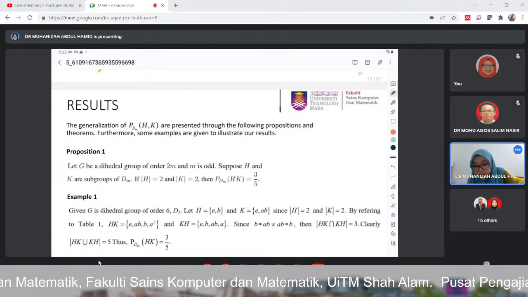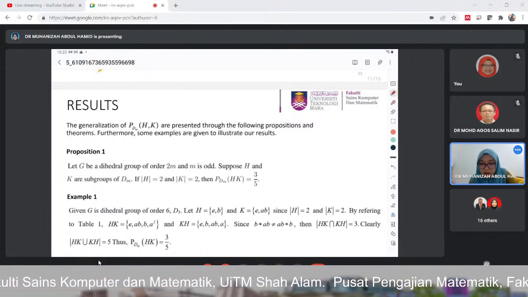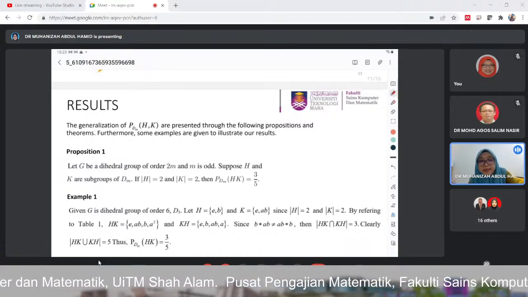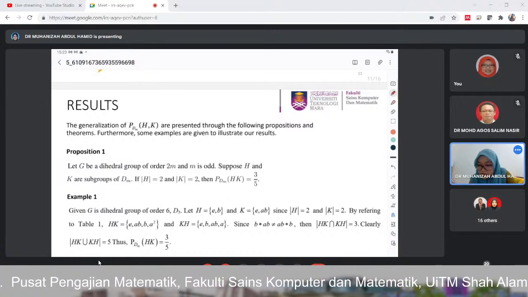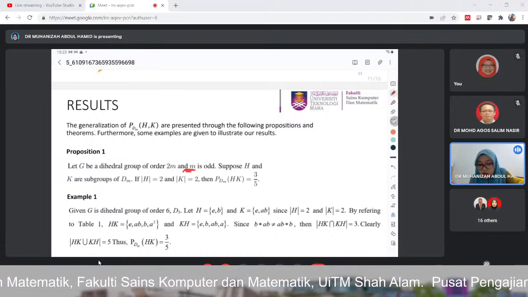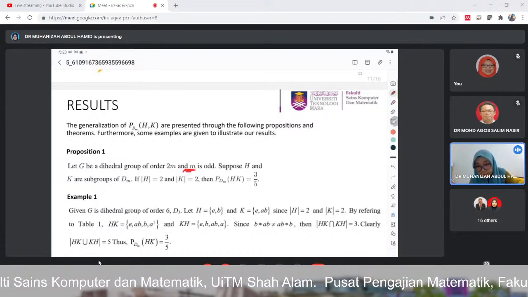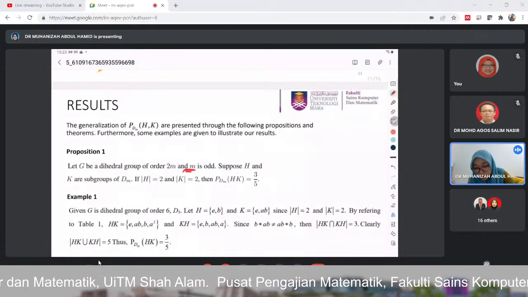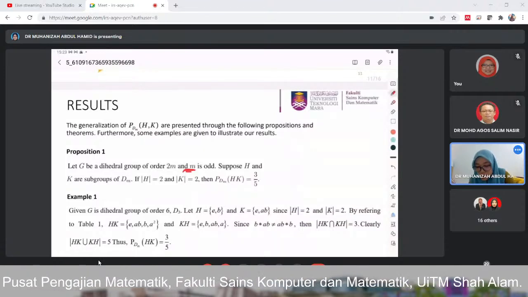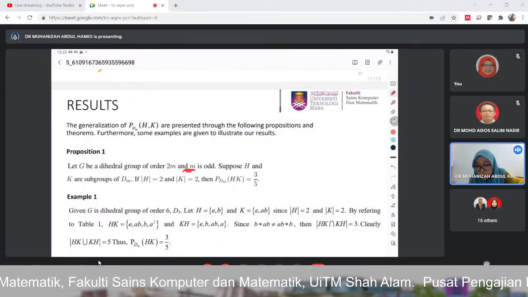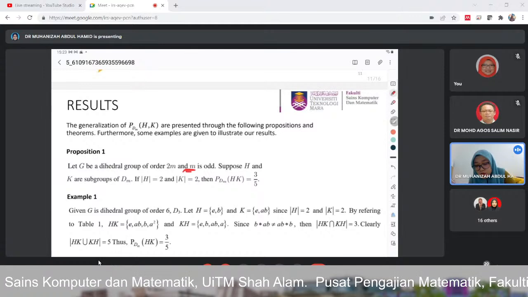The first proposition is we consider the case where M is odd. For M odd, the order of the dihedral group is 2n. If the order of H and K is 2, then the probability is equal to 3 over 5.